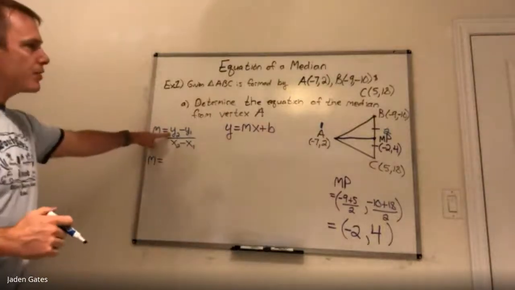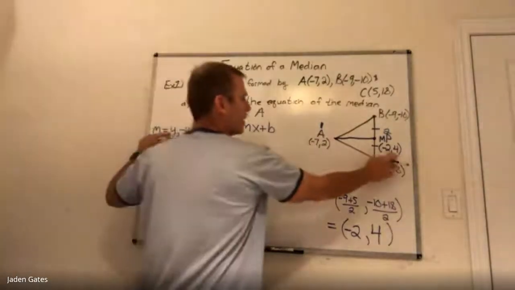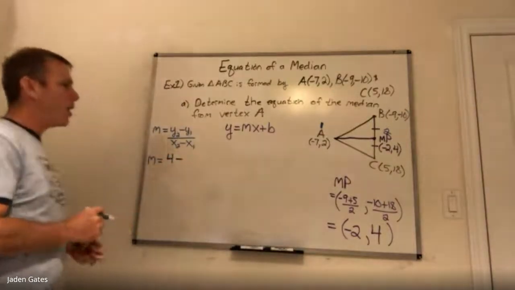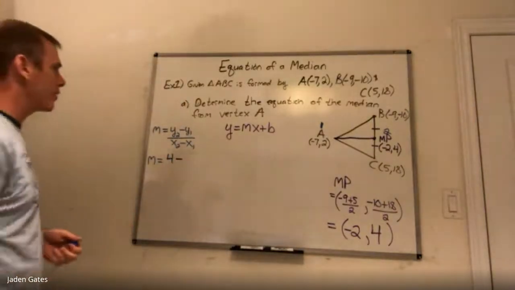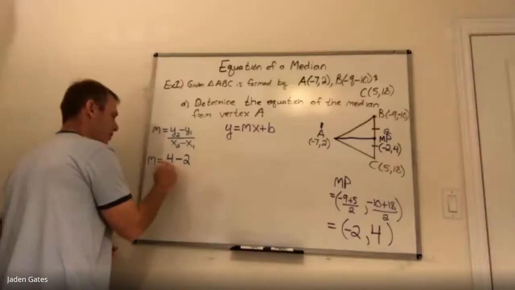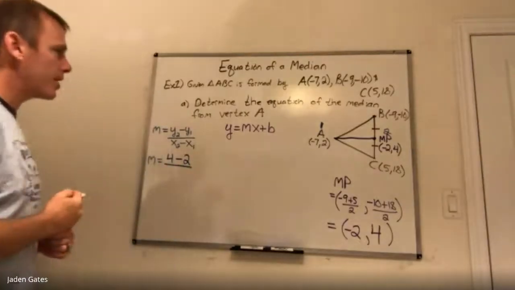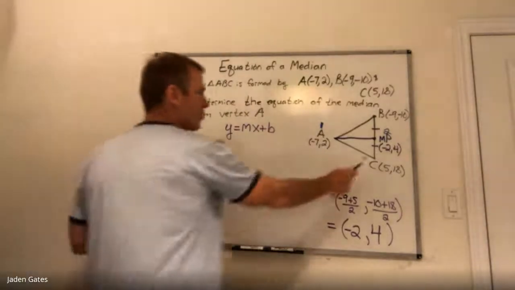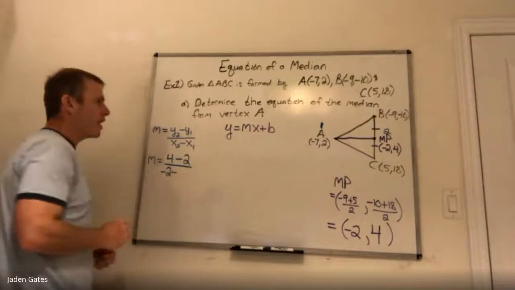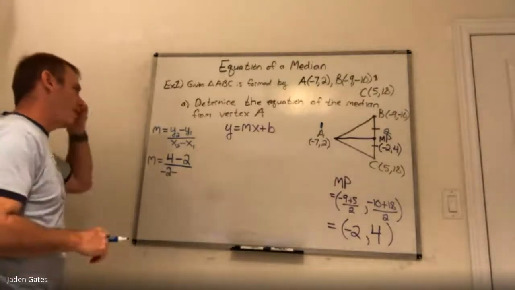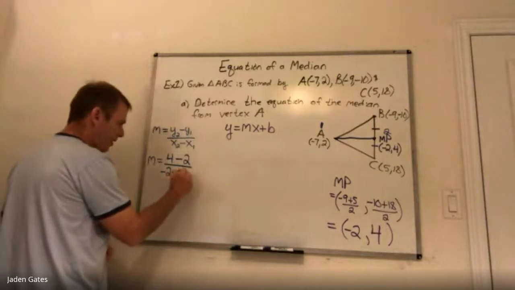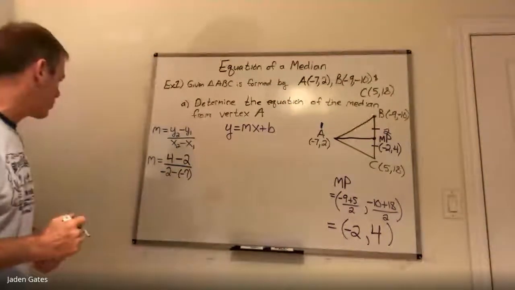So when I'm looking at y2 here, I'm looking at the y coordinate of my second point, which is a 4. Subtract y1, which is the y coordinate of my first point, which is a 2 here. Now I'm going to divide that by x2 minus x1. And x2 is -2 minus x1, which is the x coordinate of my first point, which is -7. So I get 2 minus signs coming together here. That's happened quite a bit in this course already.